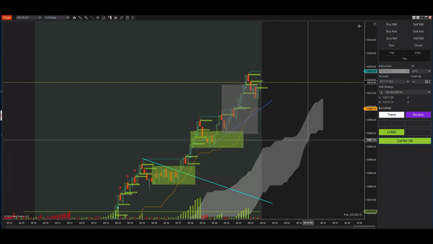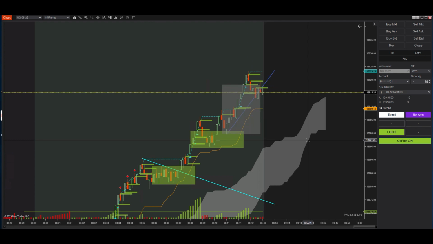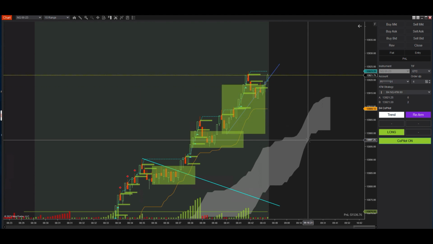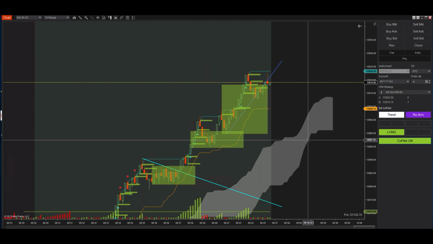Kijunsen is flat, so price can return back to the Kijunsen as long as it stays flat. We needed to break its previous high for that Kijunsen to turn. Alternatively, if we progress a few more candles, the Kijunsen can turn as well because it is the 50% Fibonacci of the last 26 periods.